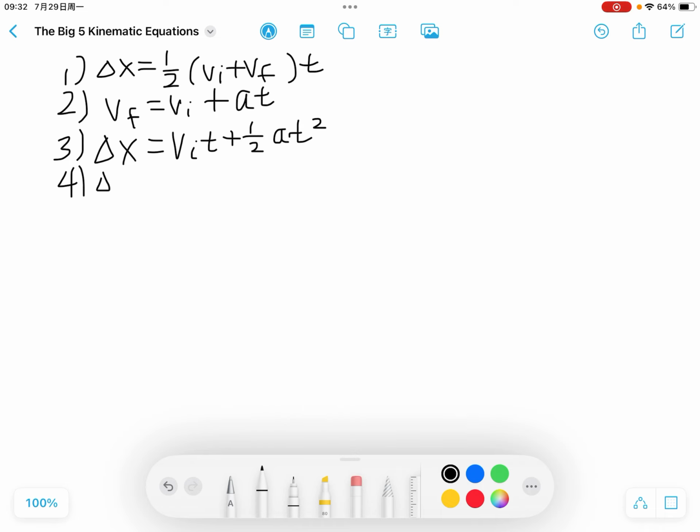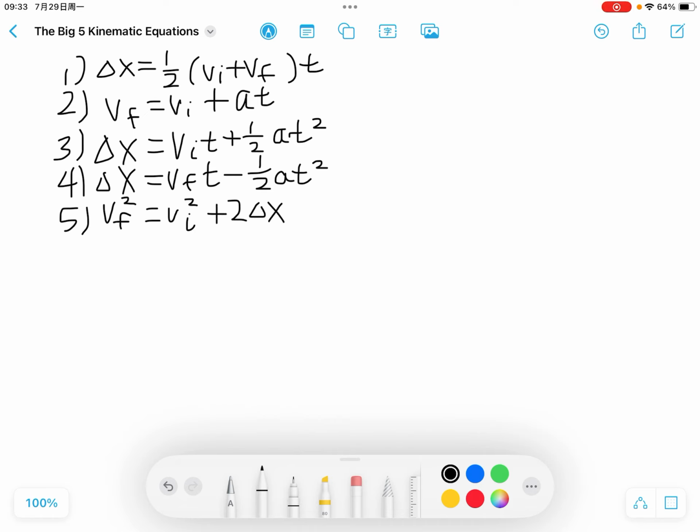The fourth equation is going to be delta x is equal to vft minus 1/2 at squared. The fifth equation is going to be vf squared is equal to vi squared plus 2 delta x a.